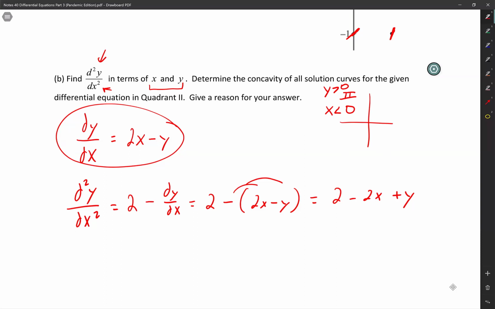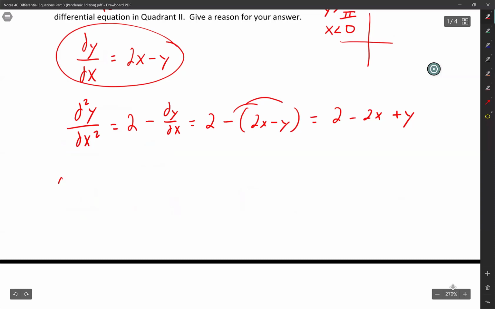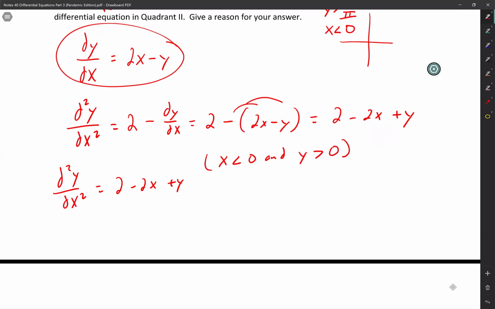Knowing that, the second derivative is 2 minus 2x plus y. We know that x is always negative and y is always positive. So 2 minus 2 times a negative, plus a positive.